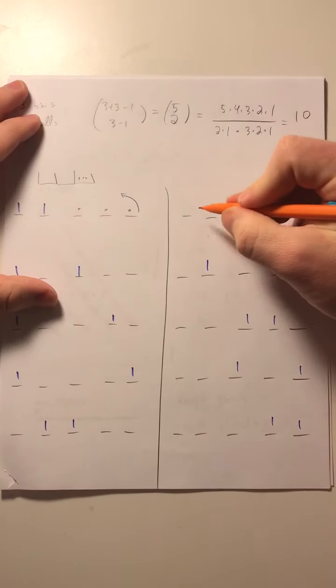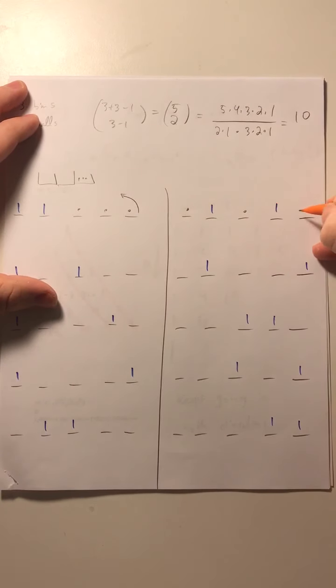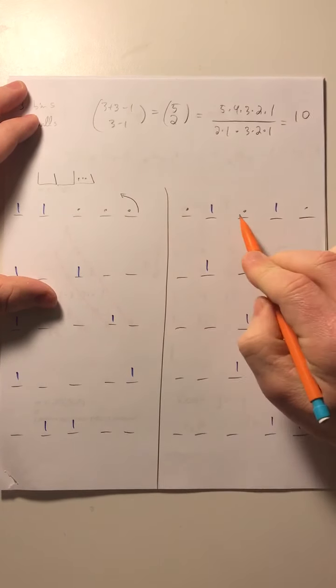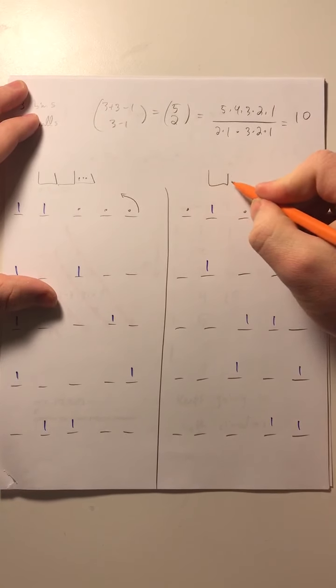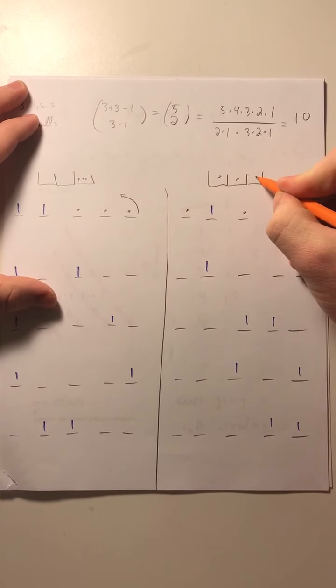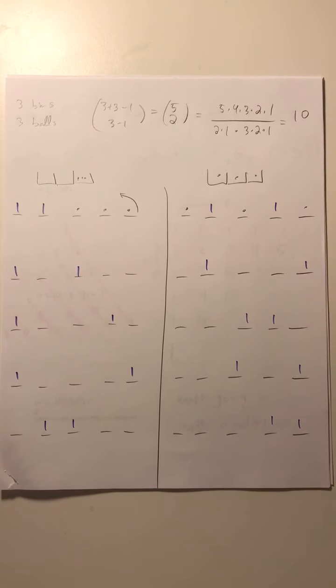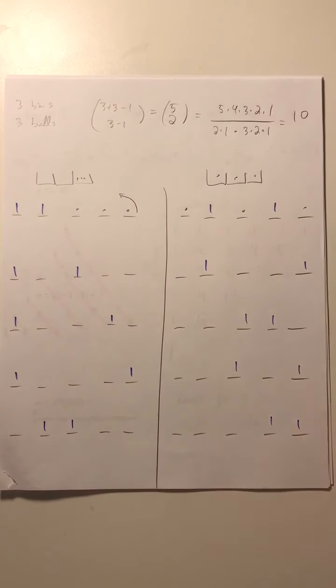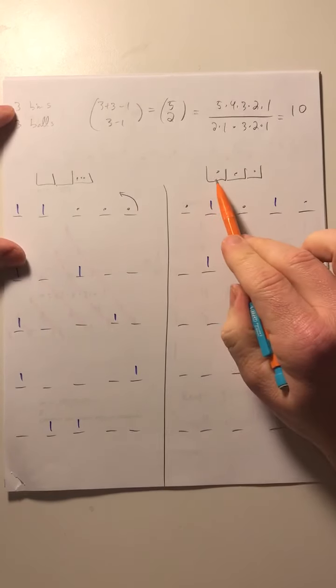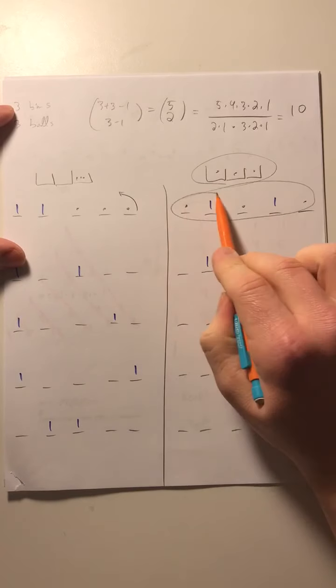So over here, this one, well, there's bin 1, there's bin 2, there's bin 3, so that would correspond to this. And you can go in and fill out the rest for yourselves. You can see how this picture makes a little more sense than this one.